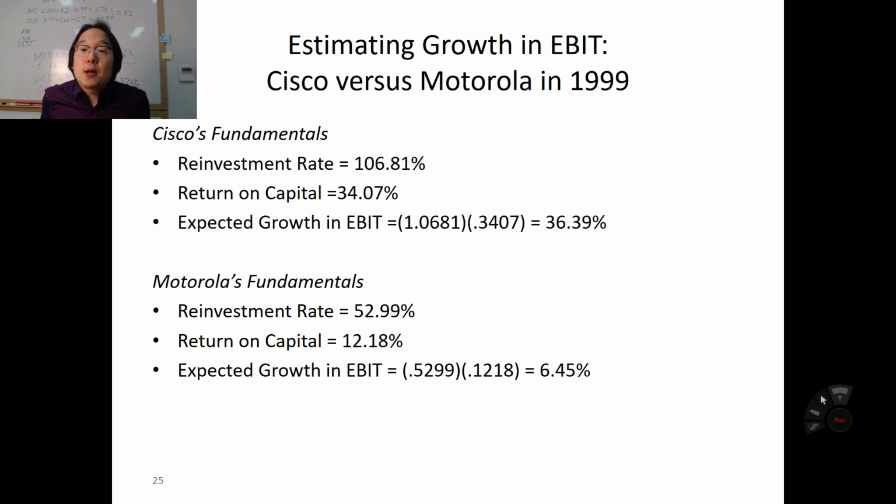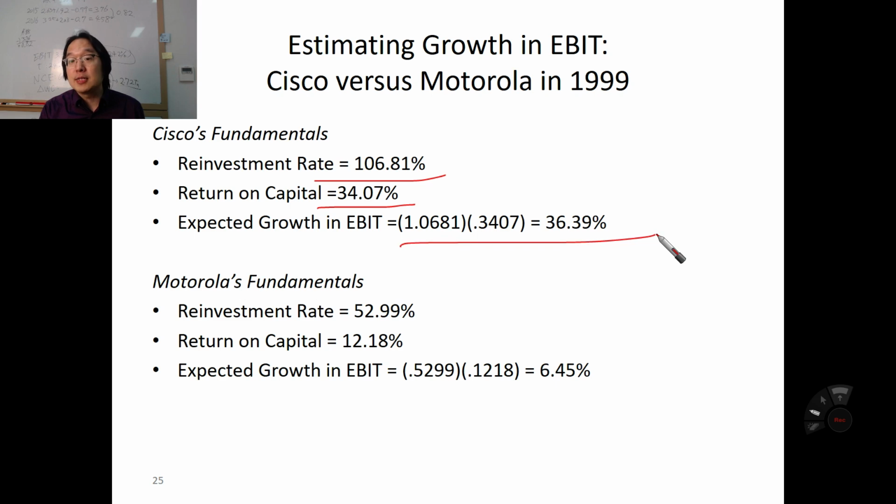And this company, a telecom company in 1999, their expected growth rate in EBIT looked like this, 36.93%. Where did it come from? Reinvestment rate was like 100% or more times return on capital of 34%. You multiply this, you get 36% growth rate.